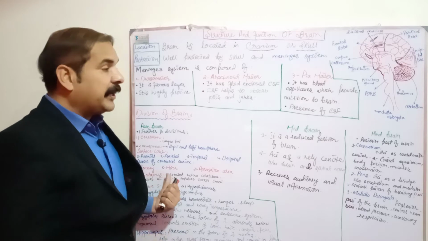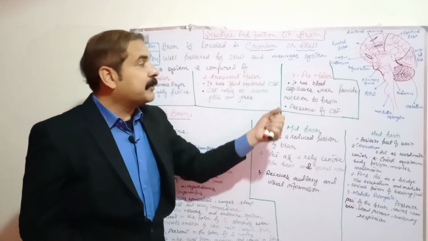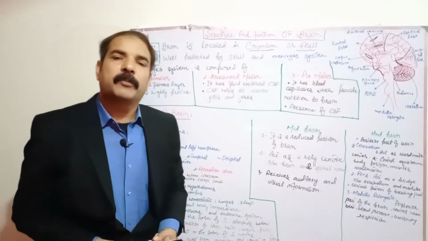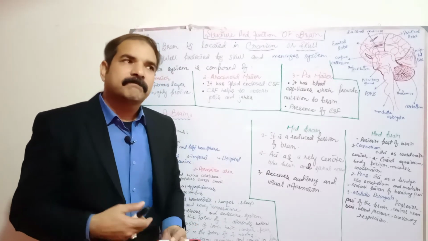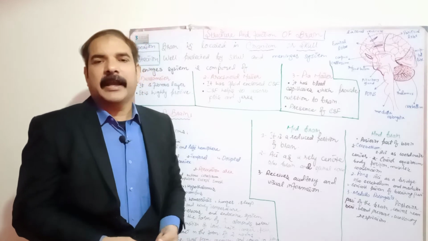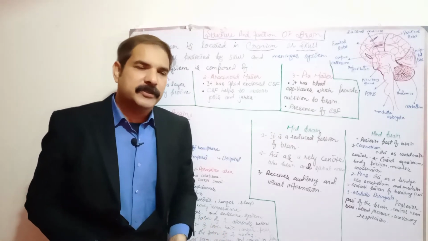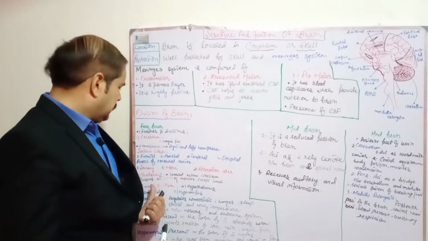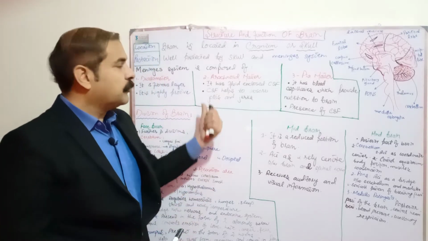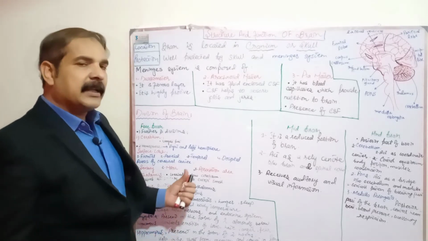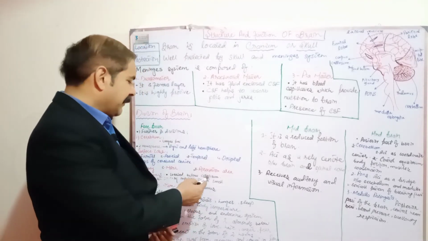Beside it, there are three cerebral areas. One is the sensory area, which receives the sensory information; the motor area, concerned with the motor information; and the associative area, concerned with the associative information. The second part of the forebrain is called thalamus, and this thalamus is located below the cerebellum.